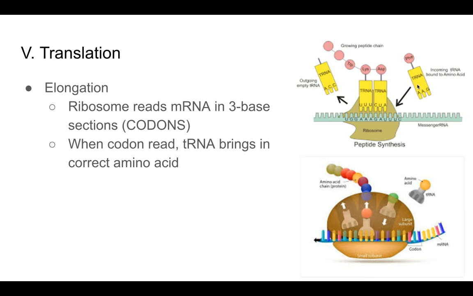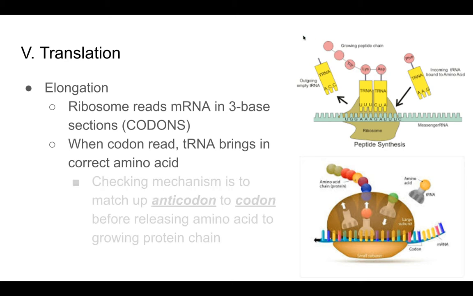And so in floats the tRNA holding its little amino acid, and it will match up with the codon sequence that's being read by the ribosome. That's sort of like a checking mechanism to make sure that the tRNA brought in the correct amino acid. If it brought in the correct amino acid, it will release that amino acid to this growing chain that's growing out of the top of the ribosome.